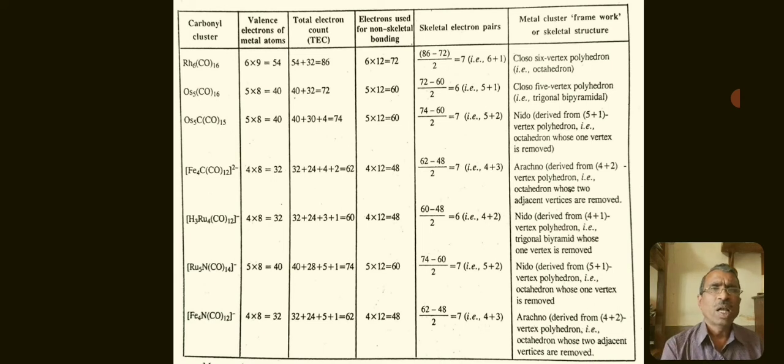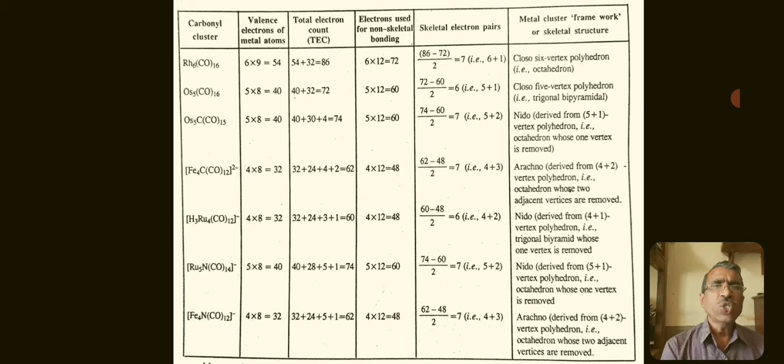Now, as you know, 12 electrons per atom have to be subtracted. Here, 5 atoms are there, so 12 into 5 is 60 electrons. Therefore, the skeletal electron pair count will be 72 minus 60, divided by 2, which becomes 6.